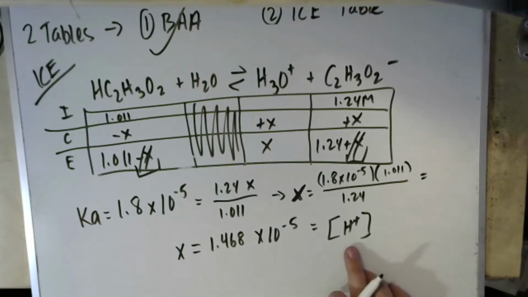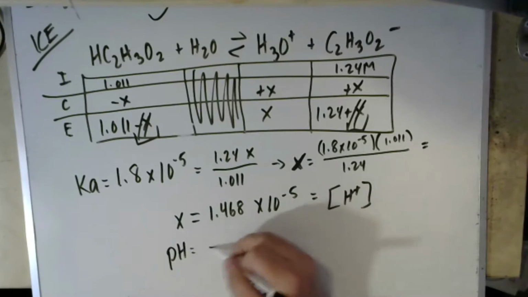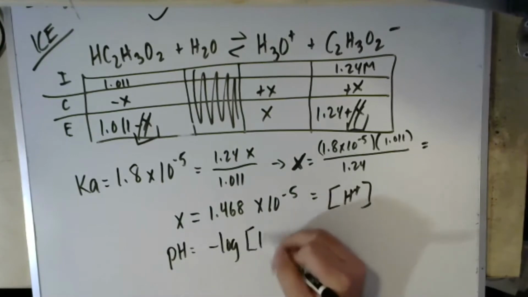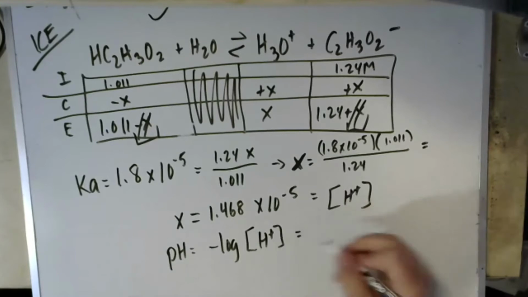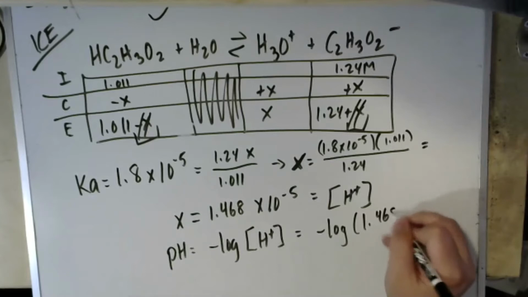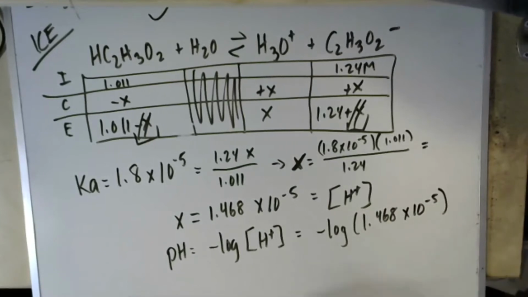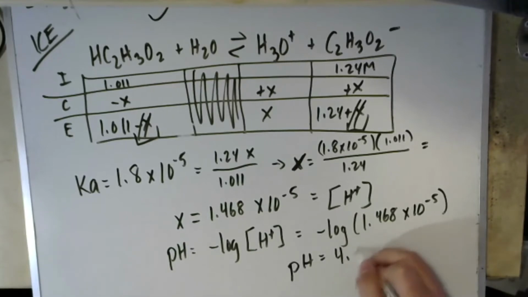Okay, once we have the concentration of our hydrogen ions, now we can find the pH. And we're going to get a pH of 4.83.